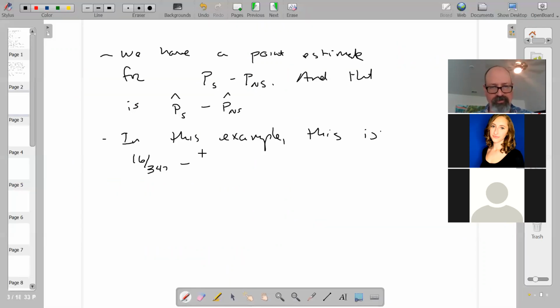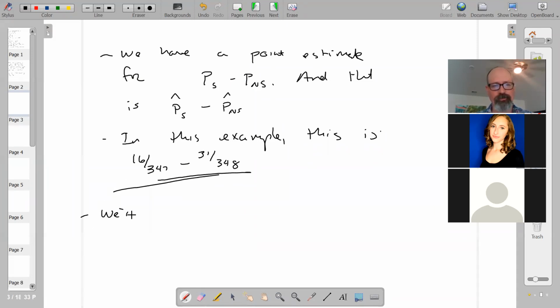So notice that the size of the two groups is about equal. In this type of experiment, you have 347 plus 348 total participants. So you may have some large number of people who volunteered, and then you get this difference of proportions. And so this is our point estimate.